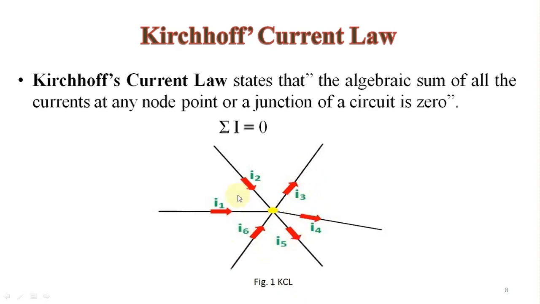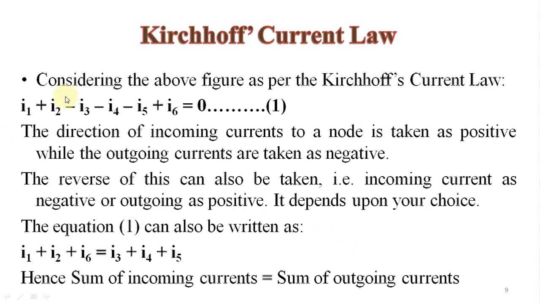If we want to write the equation as per Kirchhoff's current law, we may write I1 plus I2 plus I6 minus I3 minus I4 minus I5 is equal to 0. Minus sign because the current leaves the junction. So we may write the equation like this: I1 plus I2 minus I3 minus I4 minus I5 plus I6.